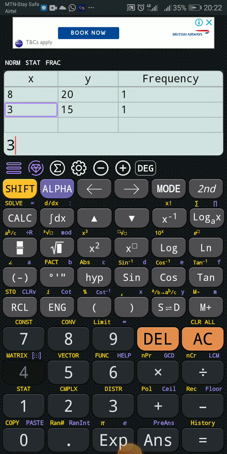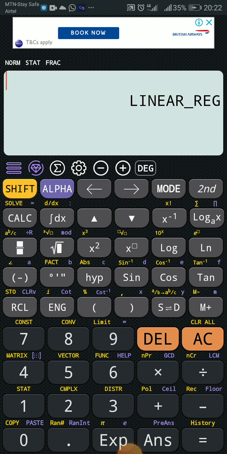So I change it to 4, equal to 4. Pressing equal to stores the information. So the 8th term, which is under X, is 20, the 4th term is 4, and we're asked to find the nth term.